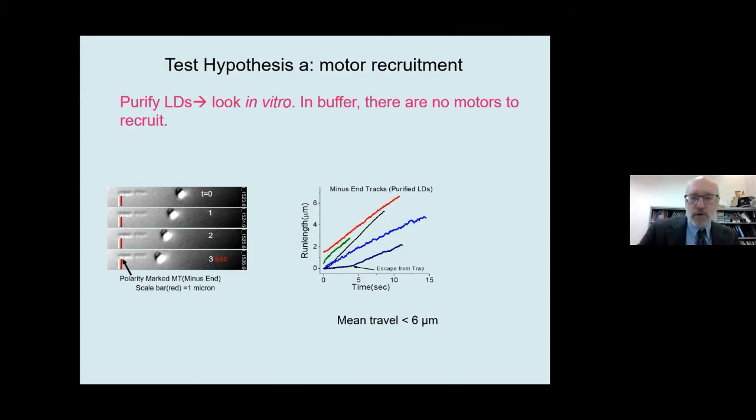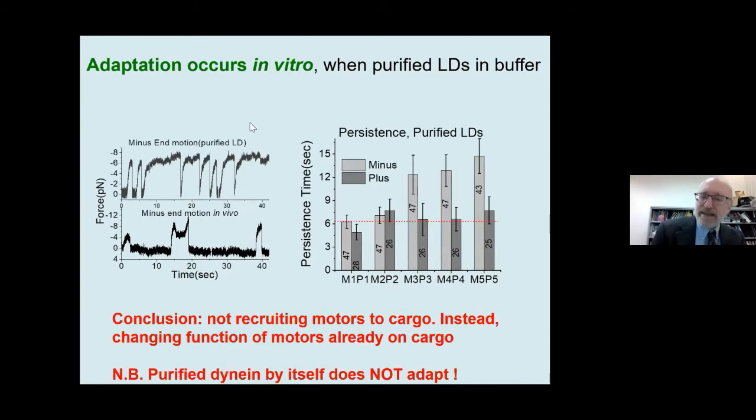And they were able to move quite long distances. You can see here the mean travel was on the order of 5 or 6 microns. And what we discovered is that we saw adaptation in vitro in buffer. So we've purified these lipid droplets. They've got all of the proteins, presumably, that the lipid droplets had.